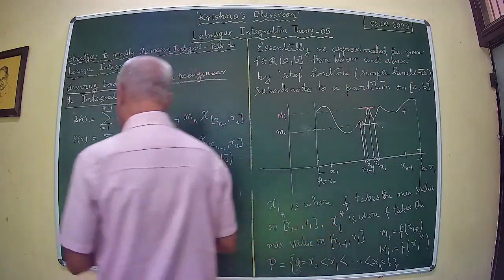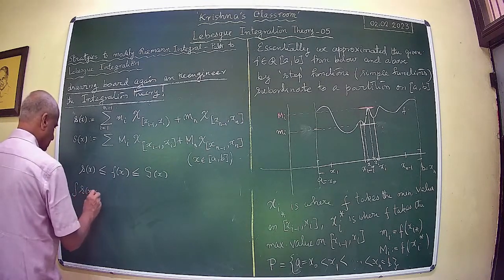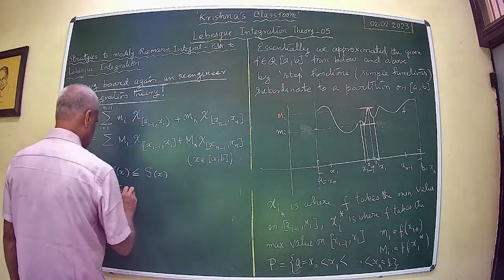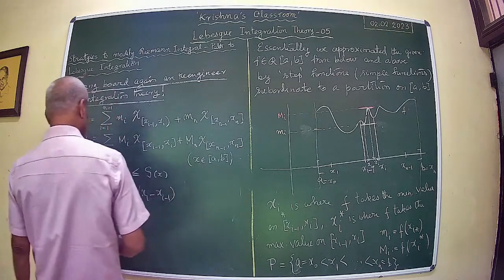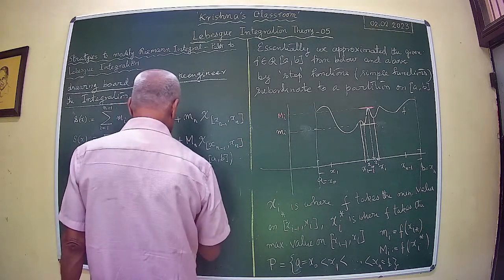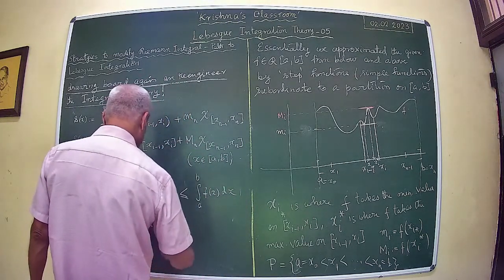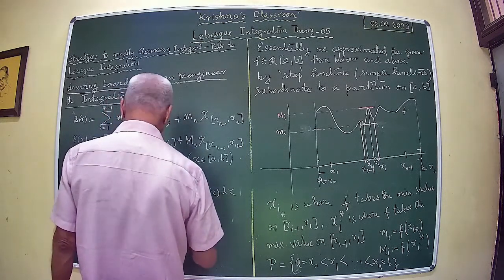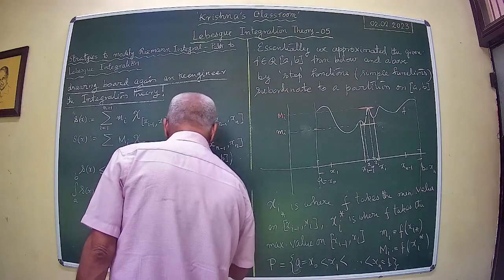So you had this relation that it is equal to the Riemann integral, which is less than or equal to integral a to b, that is the area enclosed.